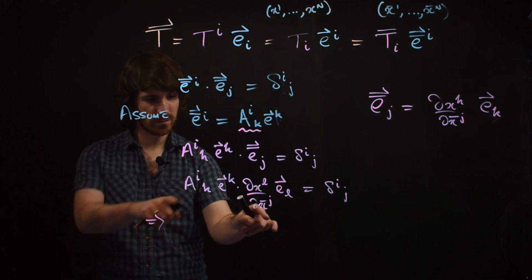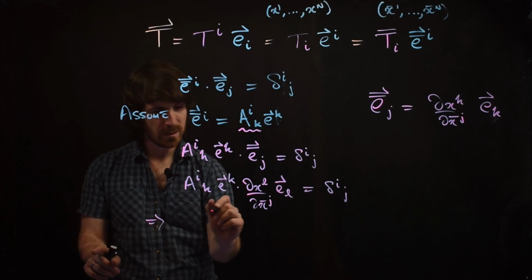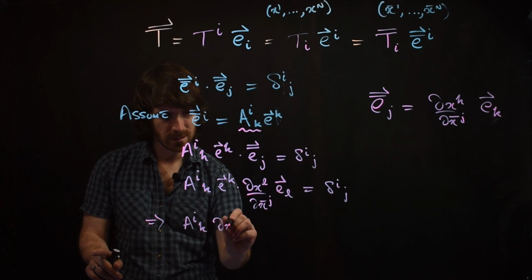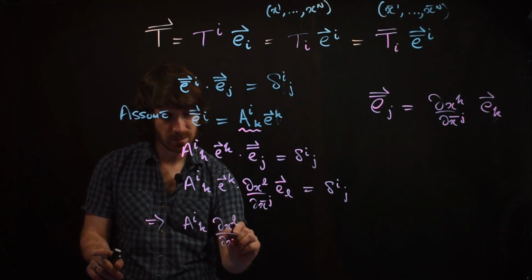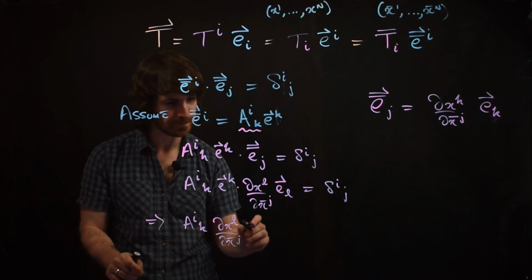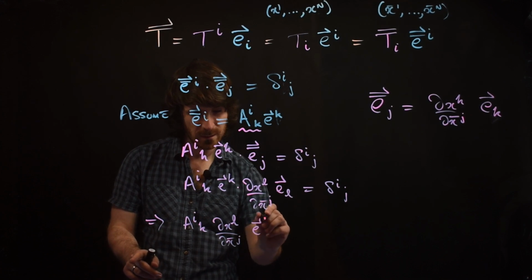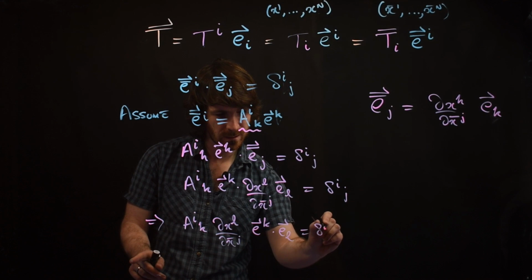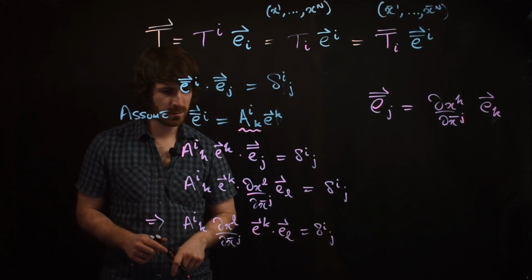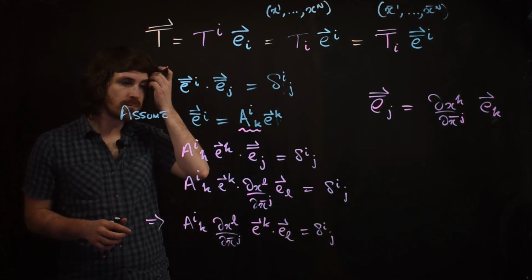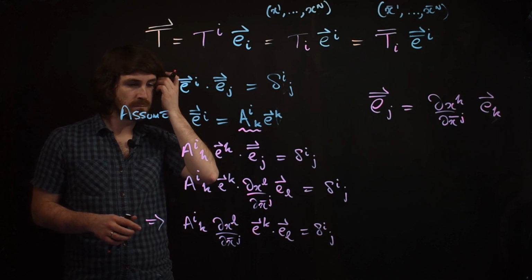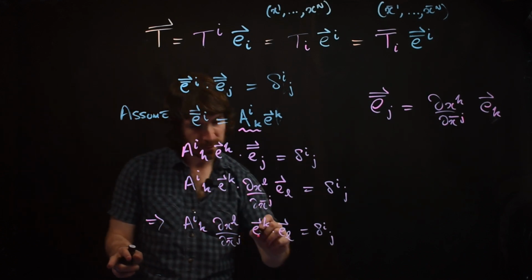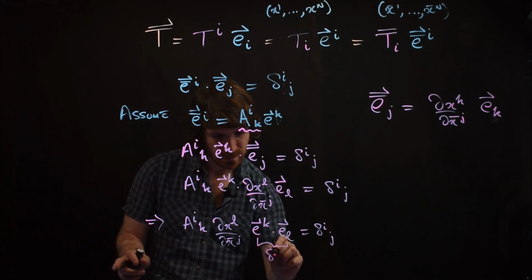Let's take out the non-vector quantities. We've got a^i_k, dx^l by dx bar j, e^k dot e_l equals delta ij. Now we know that this is delta kl.